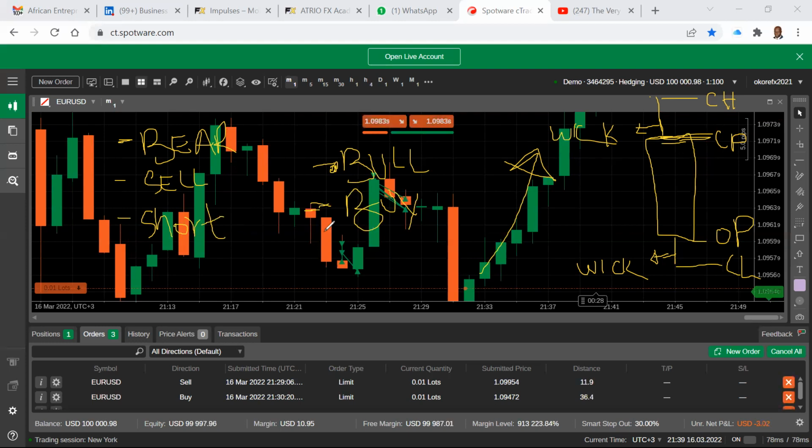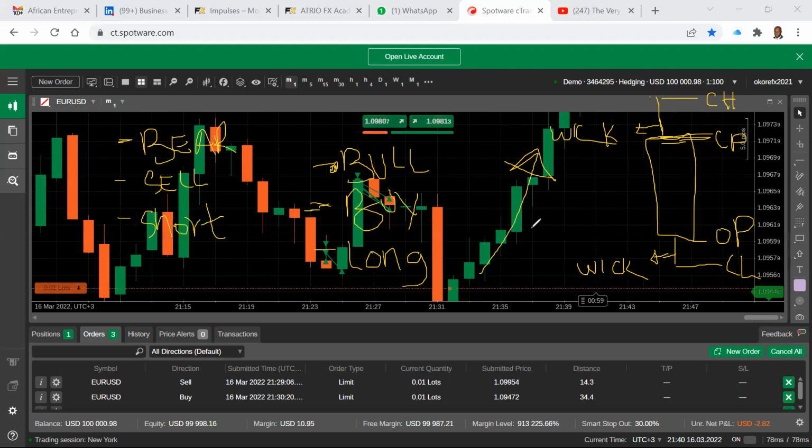But if you're buying or bullish, then you say you are going long in the market. Bearish or bear, bullish or bull, sell market, short, buy market, long. They all stand for the movement going up or going down.